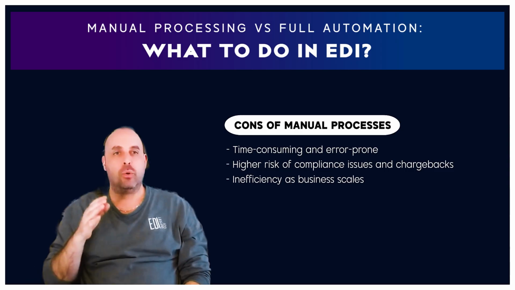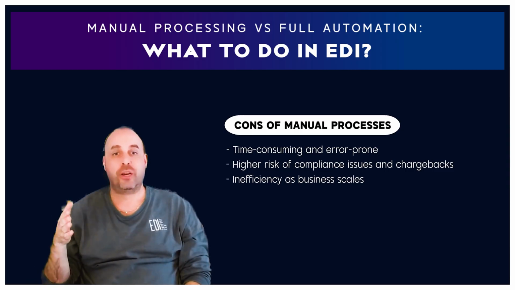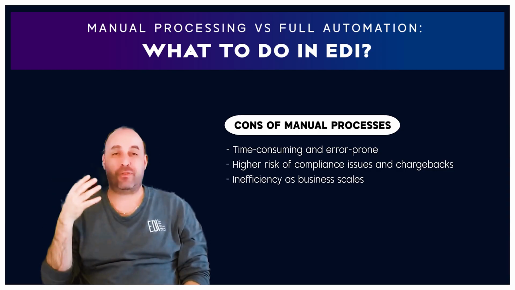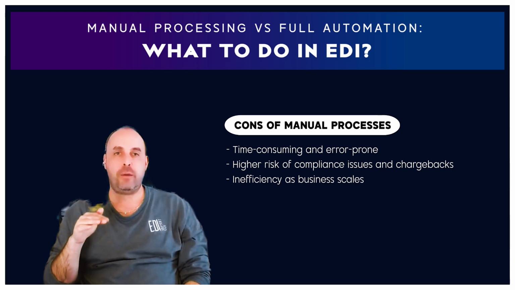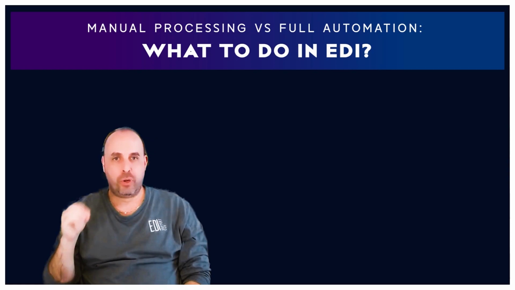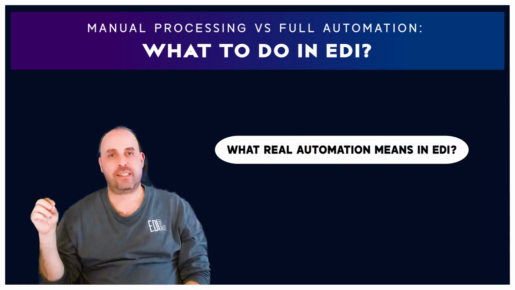So if you're manually doing purchase order acknowledgements, or manually doing things with healthcare claims, or whatever the business may be, reaching out to carriers to find out about your shipments, all of those things that take people to do is inefficient and time consuming. Because if you can automate it and get the computer to do it, you can use your time for tasks that mean a lot more to the business.